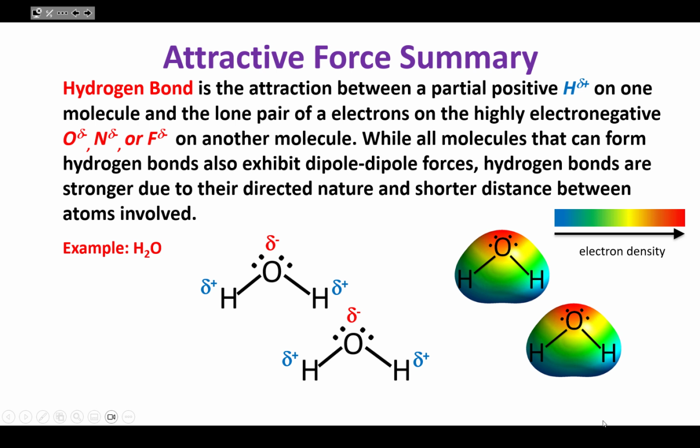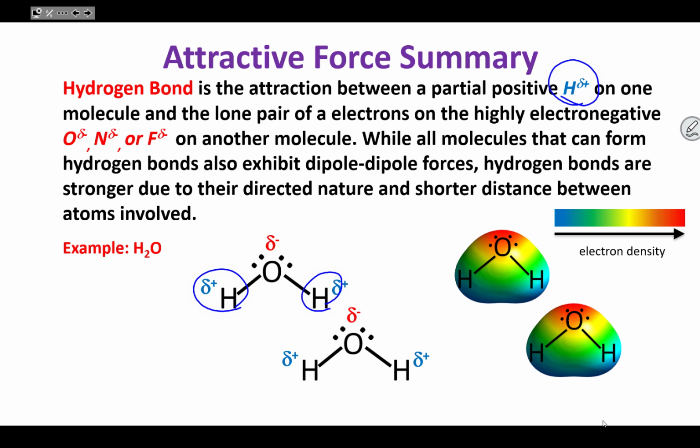Here we have the hydrogen bond, and the hydrogen bond is an attraction between a partial positive H atom, for example, in water. I'm circling two partial positive H atoms, and the lone pair of electrons on a very highly electronegative O, N, or F atom.